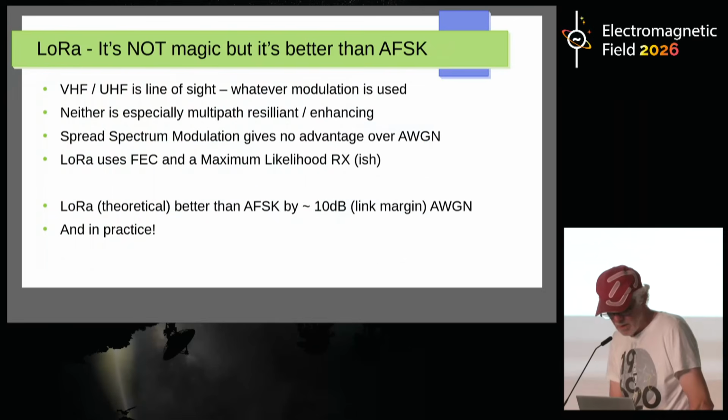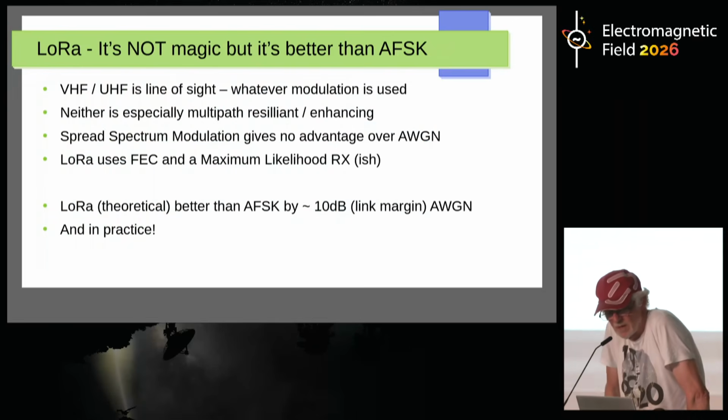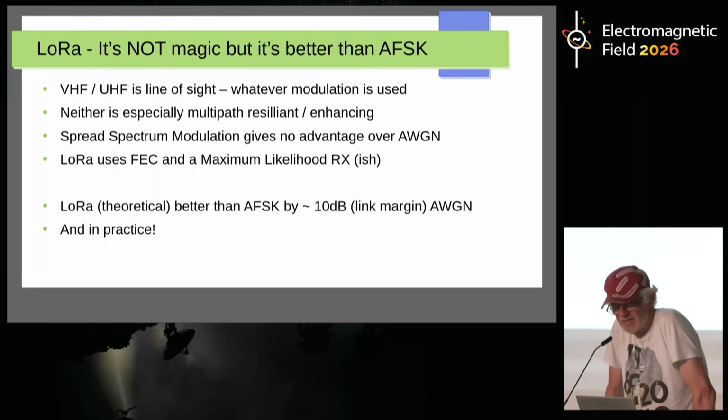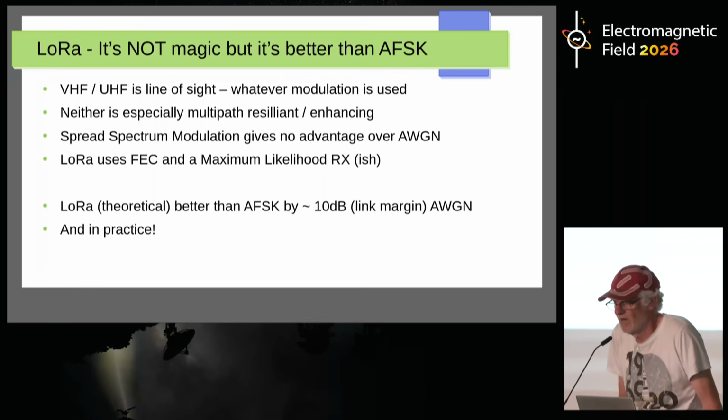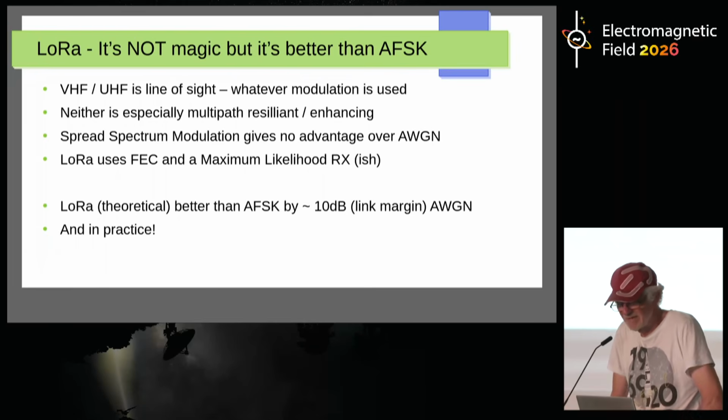So this is the conclusion drawn from my comparison. First of all, you must remember it's line of sight. Whatever modulation you use, if there's anything in the way, it's not going to work. You get huge amounts of loss, no matter what you've got. So it is line of sight.